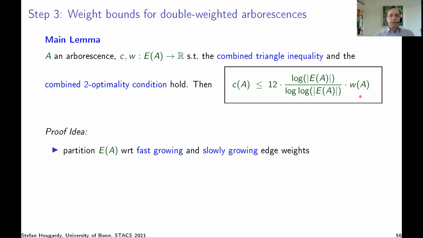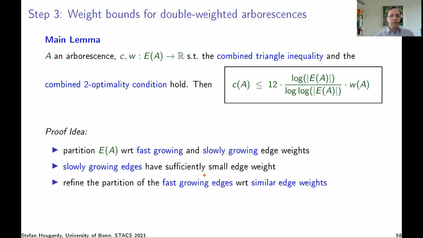So how do we prove this? The idea is we partition the edges of our arborescence into so-called fast-growing and slowly growing edge weights. Edges with slowly growing edge weights turn out to be the good case, because all these edges together in total will have a small edge weight.